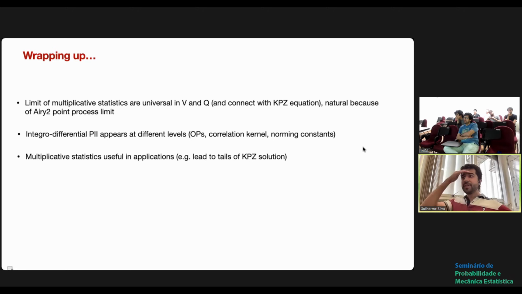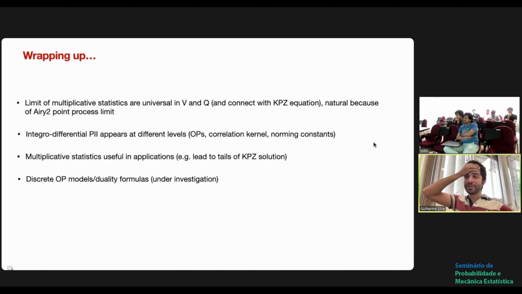And of course, we got this nice limit that connects to various different things. But actually, the way we started work on this project, the way we first considered these multiplicative statistics for eigenvalues of random matrices, is because they also appear on the side of the KPZ solution. They are useful, and actually we were considering a certain discrete model, the stochastic six-vertex model.